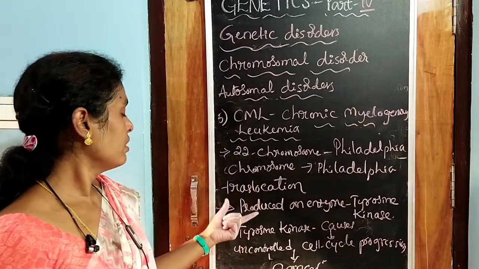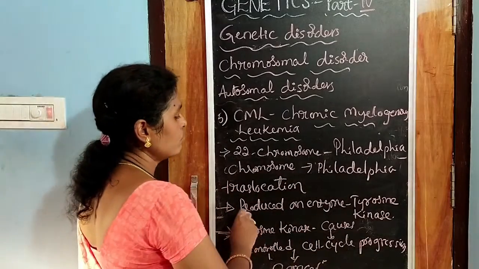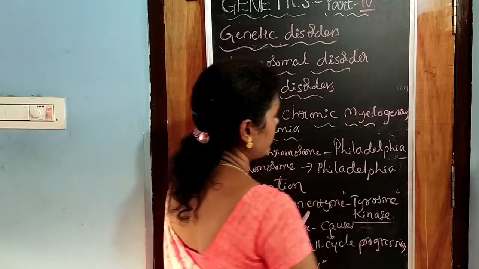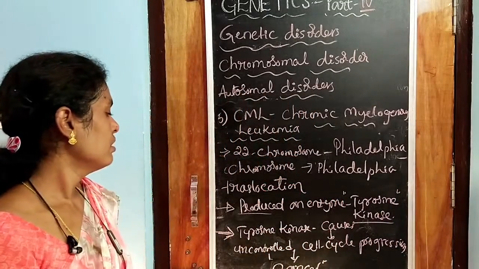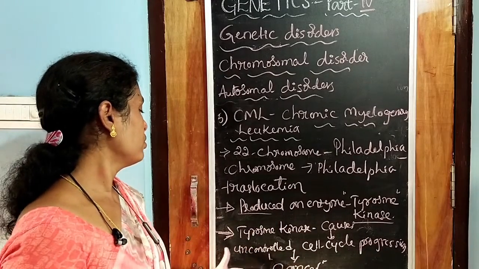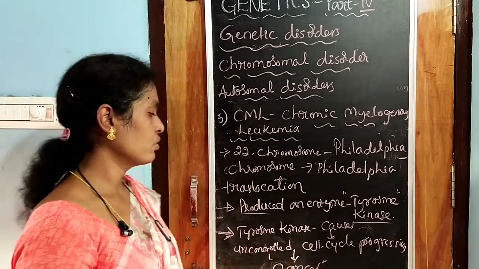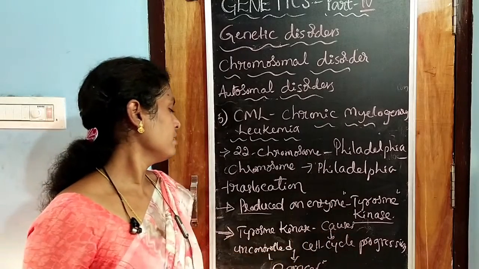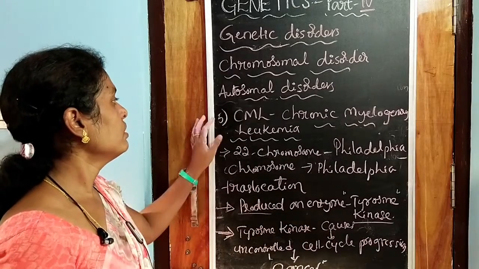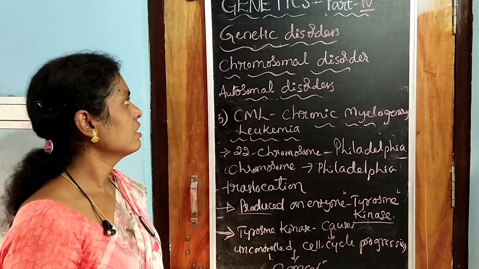This Philadelphia chromosome produces the enzyme tyrosine kinase, which causes uncontrolled cell cycle progression. This leads to cancer. So this is about chronic myelogenous leukemia.